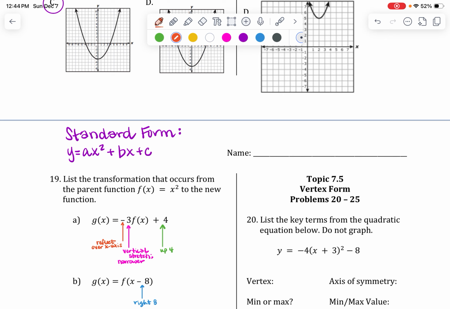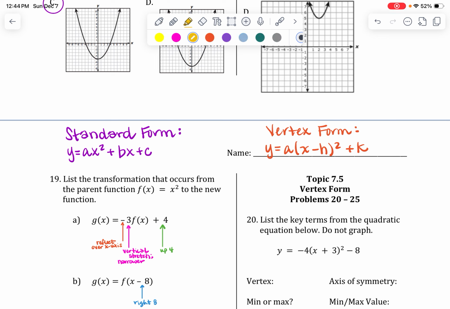But we also have vertex form, which is what day 5 was all about. Vertex form is y equals a(x minus h) squared plus k.